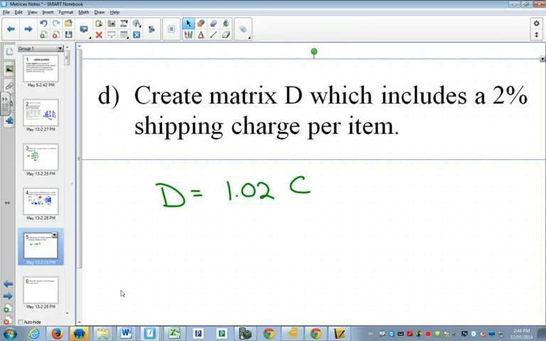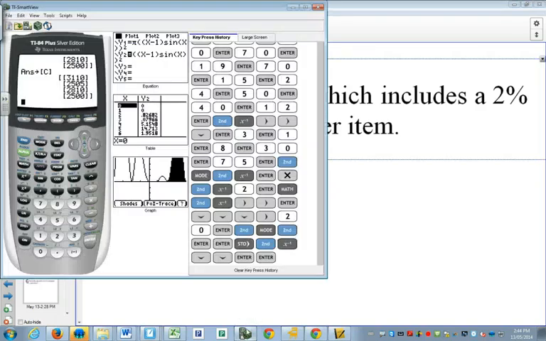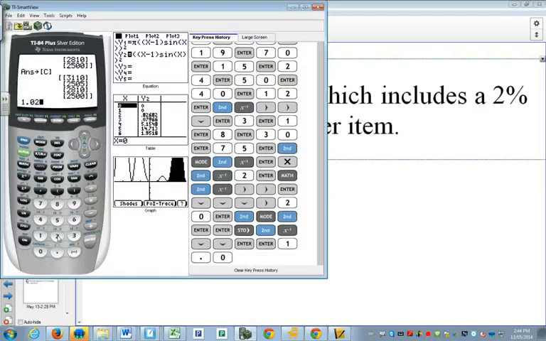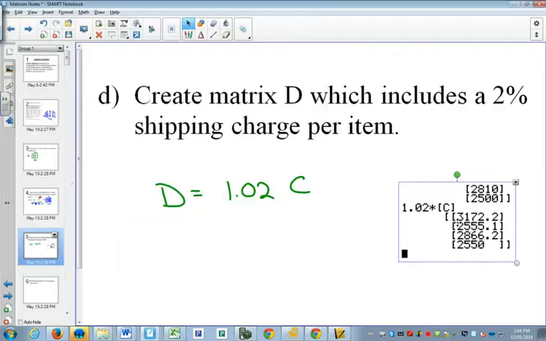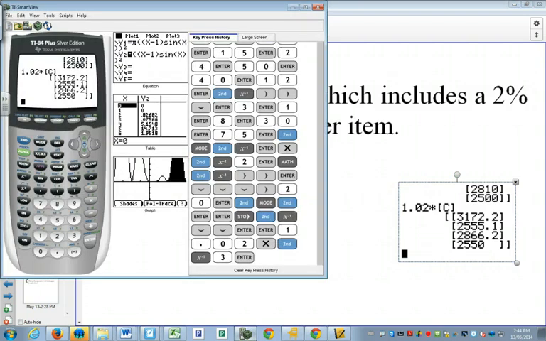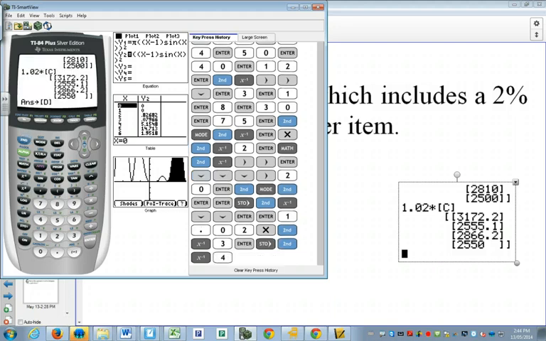And so now, since we've stored matrix C in our calculator, we can go 1.02 times second matrix C. And we have our values for matrix D. So that's going to include the shipping charge. So I'm going to store this answer as matrix D. And that gets put into my calculator as well.